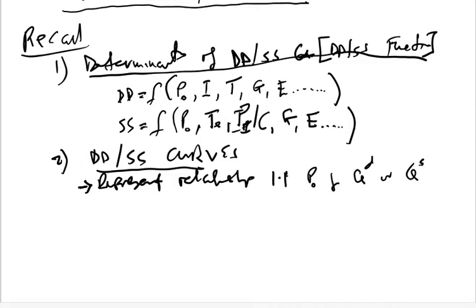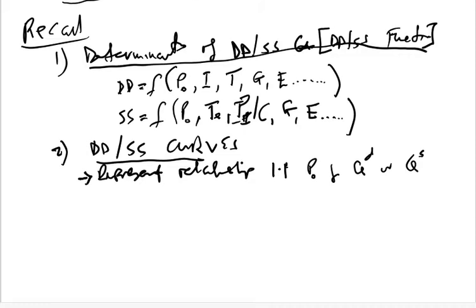The demand curve shows the relationship between only price of a product and quantity demanded, while the supply curve shows the relationship between only price and quantity supplied.